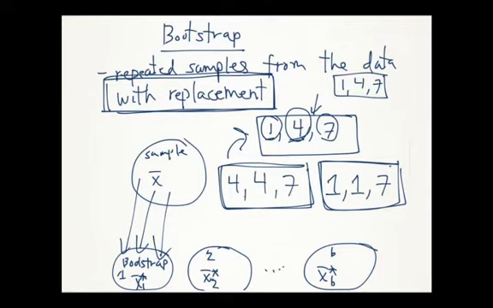Okay? And so once we do this b times, here's our first Bootstrap sample, here's our second Bootstrap sample, here's our bth Bootstrap sample. We now have a distribution of sample means, or whatever statistic we're interested in. We're just using the sample mean as an example.